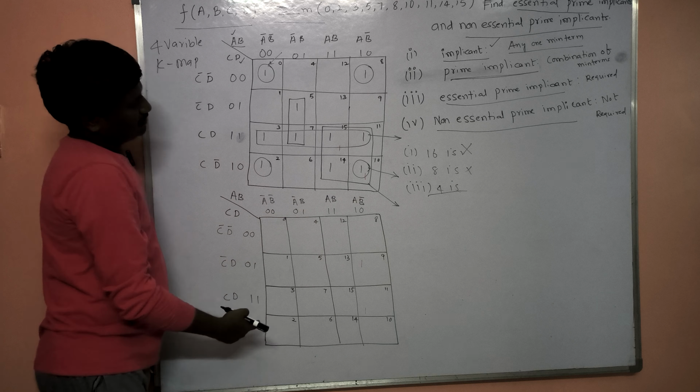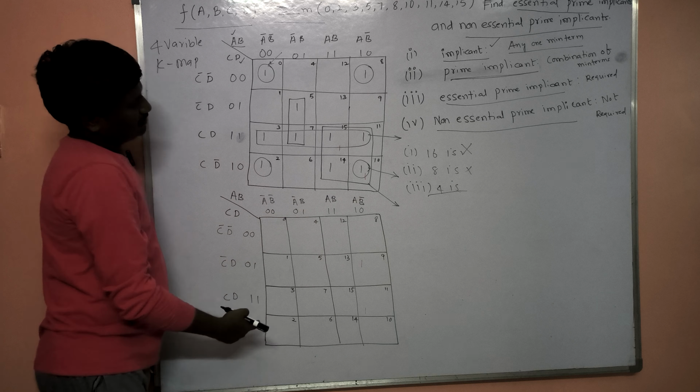So in all these min terms, what exactly happened is at least one min term is not being covered by any other grouping. That is the reason why these are called essential prime implicants.